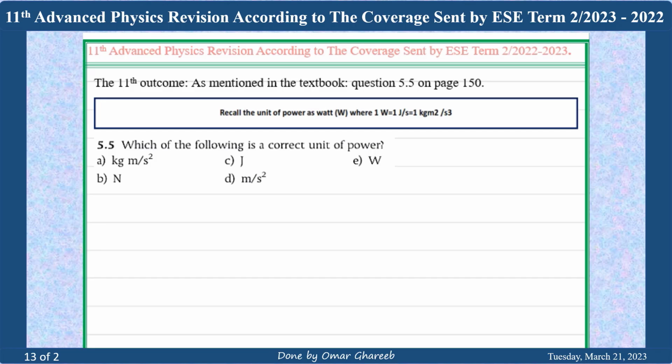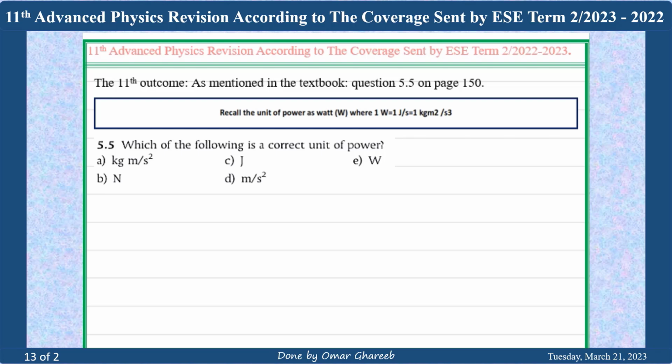This outcome is for recalling the unit of power as watt, where watt is joule per second or kilogram meter squared per second cubed. The question suggested by the ESE is 5.5, page 150.